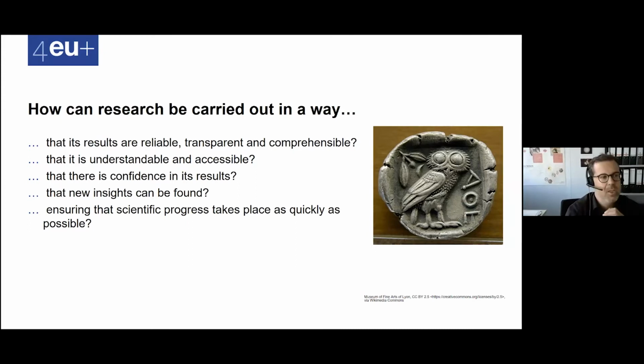How can research be carried out in your field so that there's confidence in its results, and how can research be performed so that new insights can be found, and that scientific progress takes place as quickly as possible?